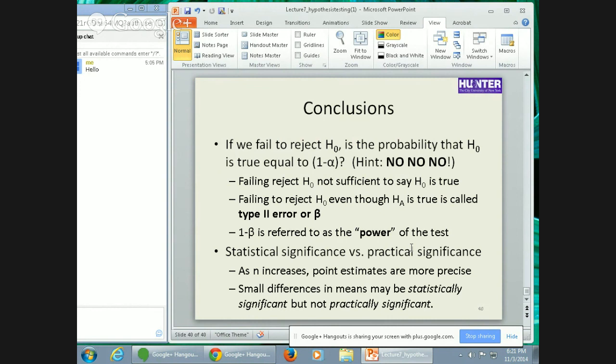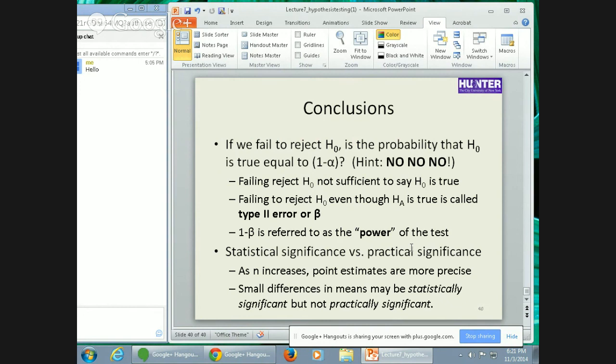Does that mean that we can be 95% confident based on these 3 beans that they came from a bag that's 50% of each? No. It doesn't tell you anything about the probability of that null hypothesis being true. You're only controlling type 1 error.